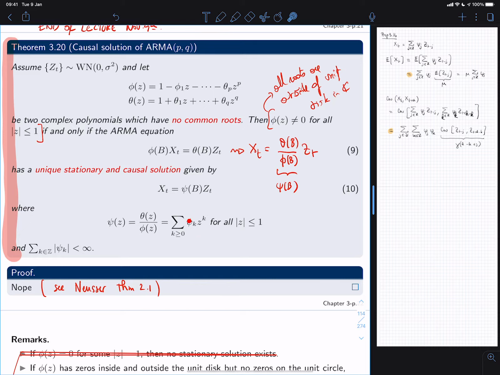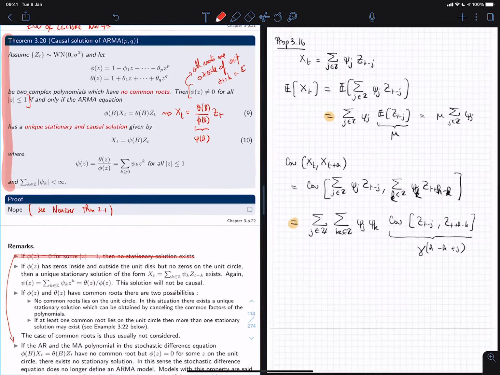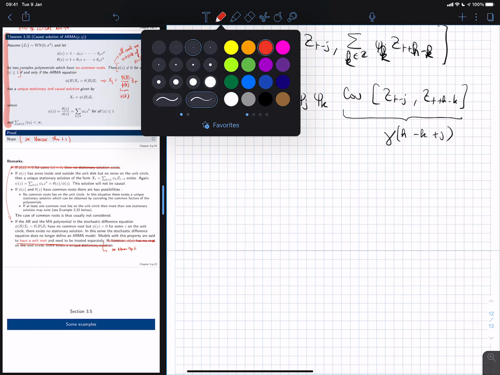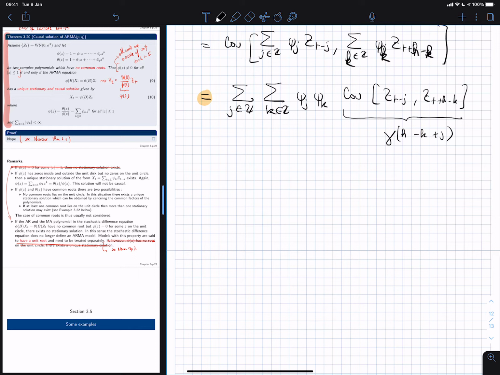And this series expansion gives you the coefficients of the linear expression of X in terms of Z. So what do I mean by this series expansion? I just did an example last night, so maybe a small explanation.